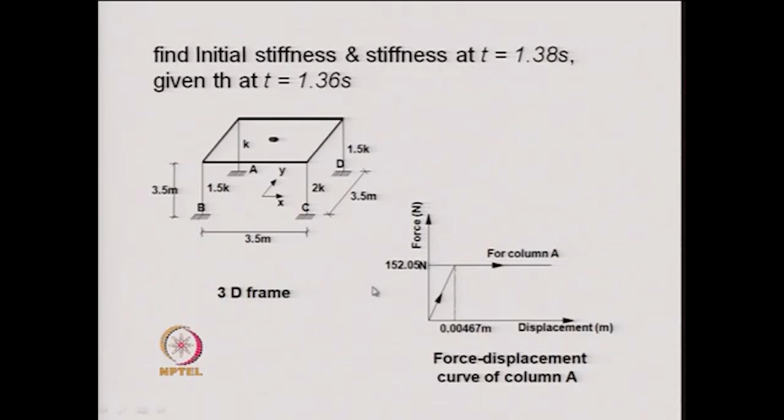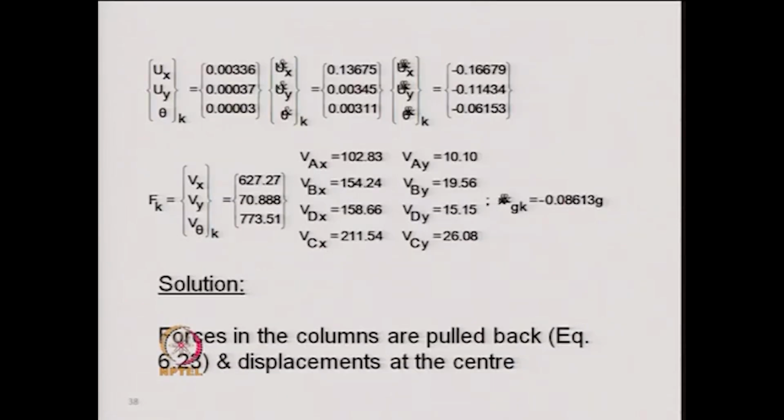And once we know that, we go ahead with the calculation, that is, the values of ux, uy and u theta are given in these at the kth time station. This is the velocity, this is the acceleration.